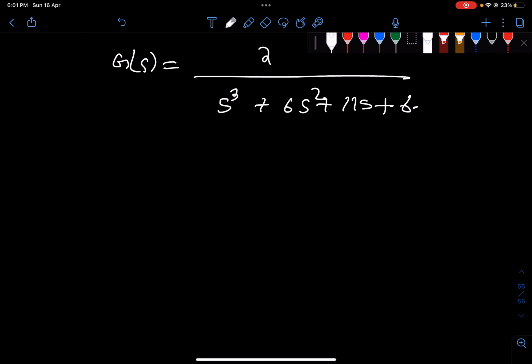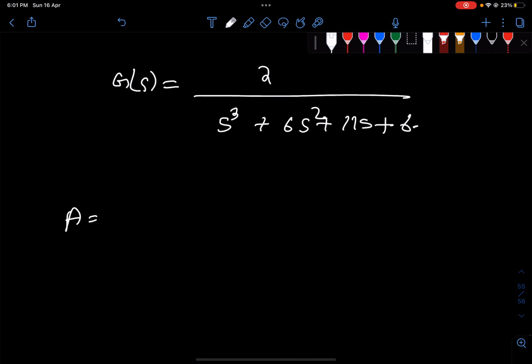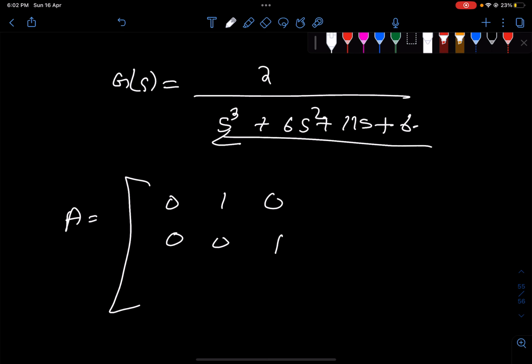How to write down the state space? I have taught you now. If this is the general concept, then what will the A matrix look like? How many variables are there? s to the power 3, so 3 variables are there: 0, 1, 0, 0, 0, 1. Then just reverse and apply the minus, so it will be minus 6, minus 11, minus 6. This will be our A matrix.